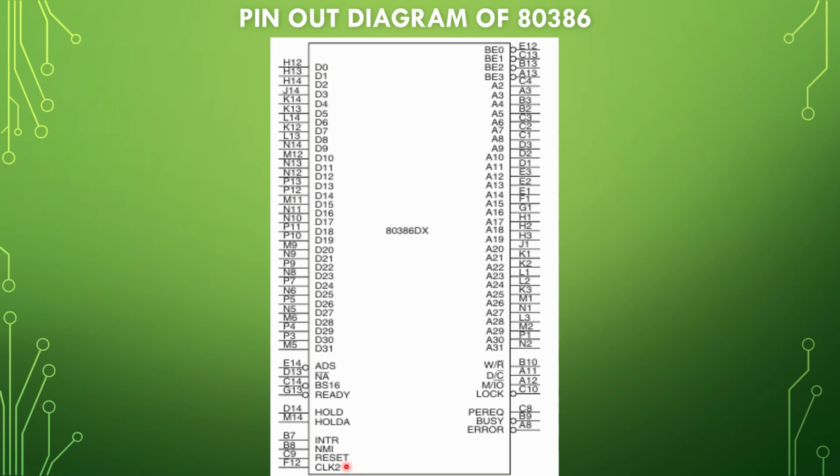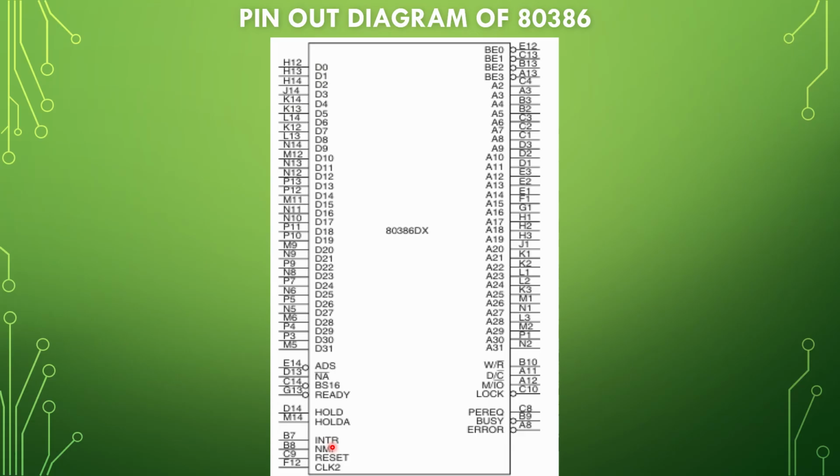Then the last signals are the interrupt pin signals. In these we can see INTR and NMI. What is INTR? INTR is the interrupt signal, which is a maskable interrupt request from the peripherals.